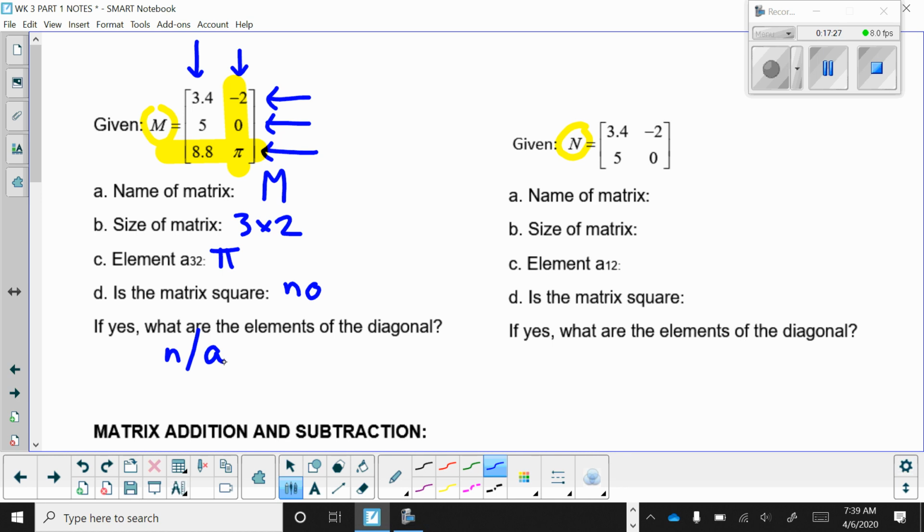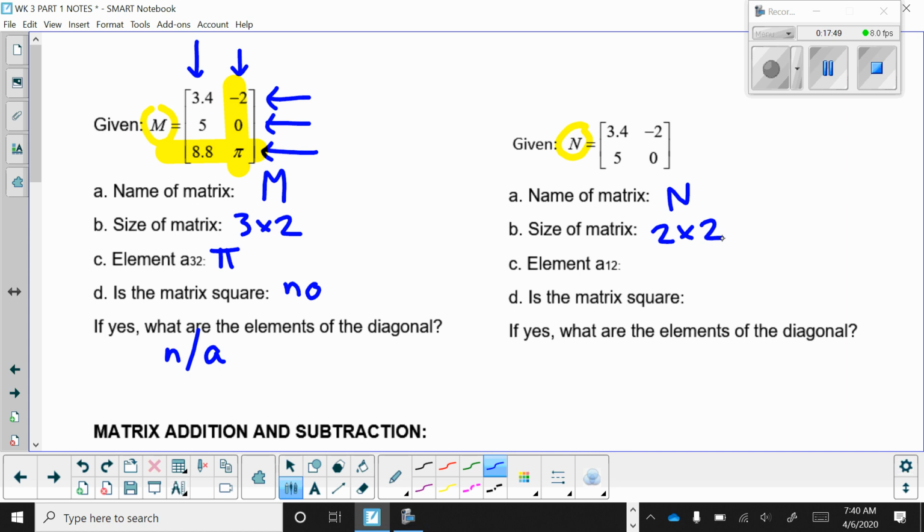All right. So pause the video now and answer the examples for matrix N on the right. All right, hopefully you came up with this. The name of the matrix, capital N. The size of the matrix is a 2 by 2.